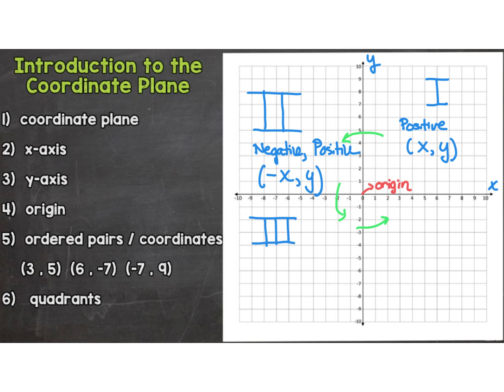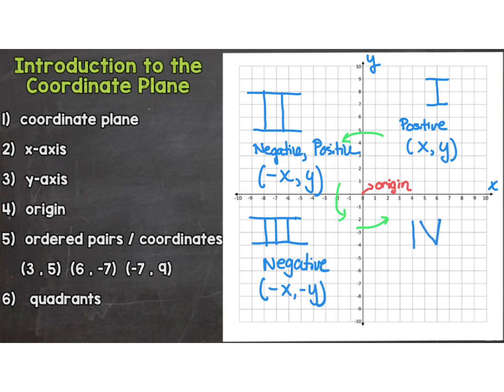Moving down, now we're going to be in quadrant 3, so we're going to have 3 lines. We're just adding more rungs to our ladder. This is quadrant 3. Hopefully you can notice that these are all negative numbers. Both X and Y are negative. Negative X and negative Y. Last but certainly not least is quadrant 4. This is the one that's a little bit hard to remember how to write.